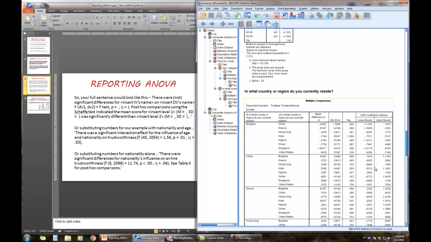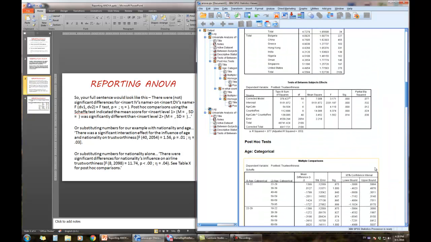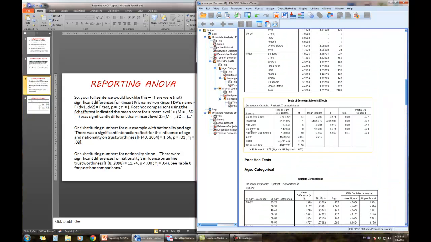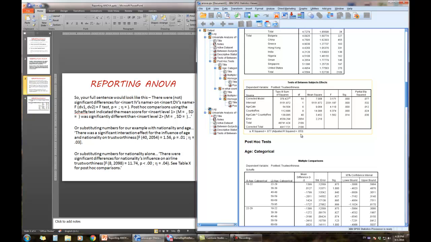So we go back up to our interaction effect test. Our between subjects test was right here. So our F at 40 in ANOVA, the first degrees of freedom is always representing the number of levels that were considered in the test. In this case, it was 40 different levels.